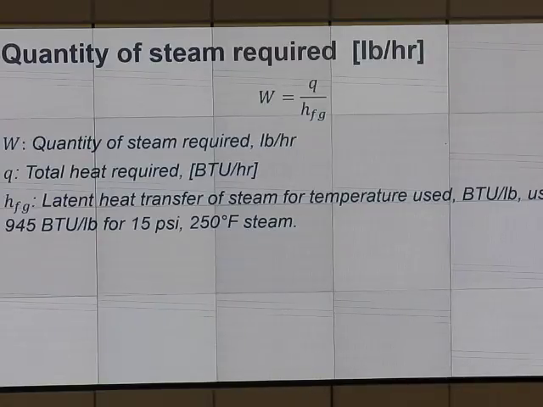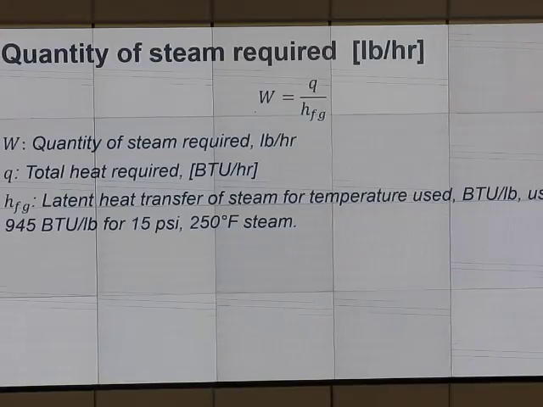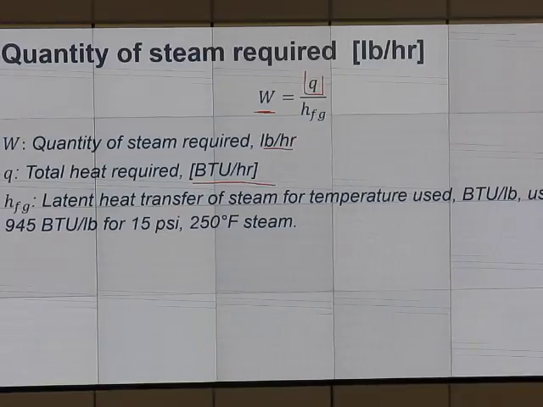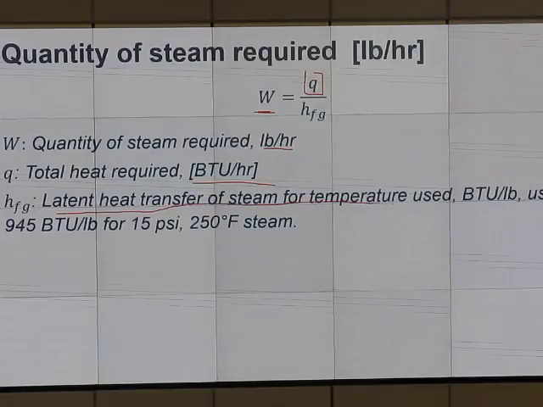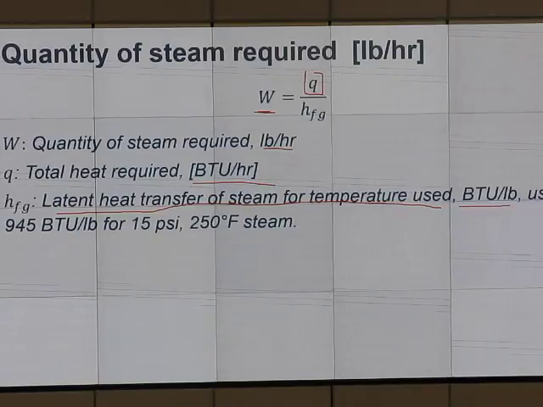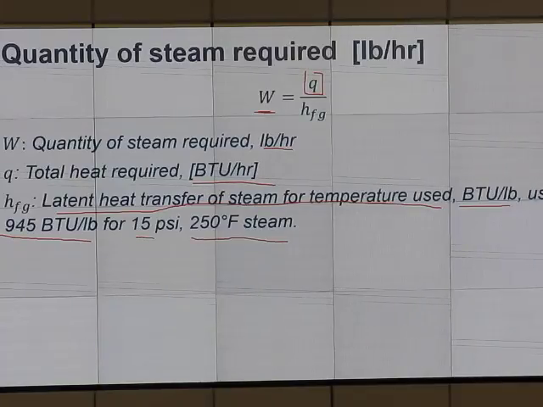Quantity of steam required. Quantity, not quality. So quantity W, pounds per hour, equal to heat required, BTU per hour, divided by latent heat of steam for temperature used. So if you use BTU per pound, then you want to use the latent heat of 945 for 15 psi and 250 F steam.